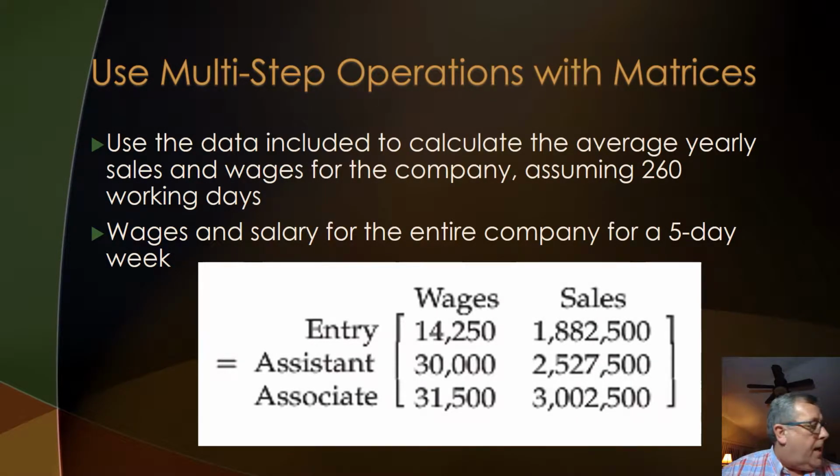Well, what we're going to look at now is found on page 174 in chapter section 3-5, where we're dealing with operations with matrices. And in example 5, in the body of that example, it's taken some data of a company that has 3 offices, and it's got 3 levels or 3 categories of employee: entry, assistant, and associate.